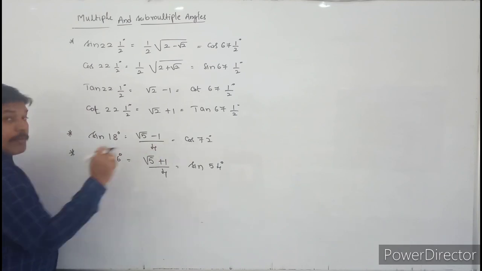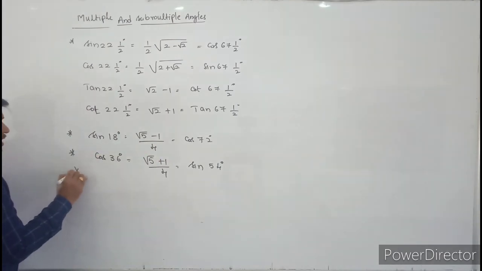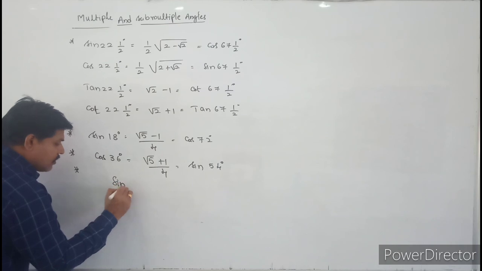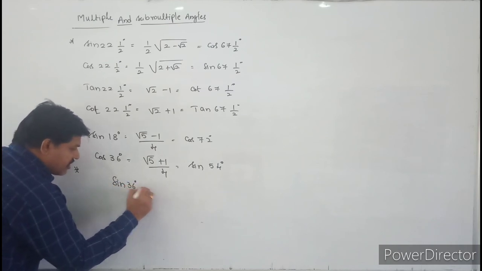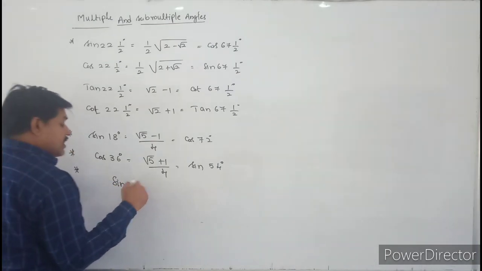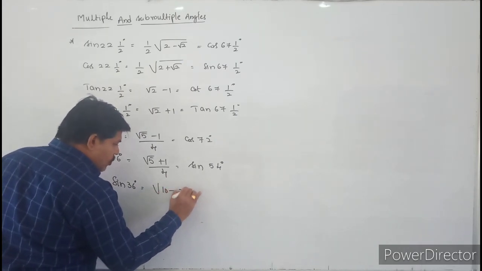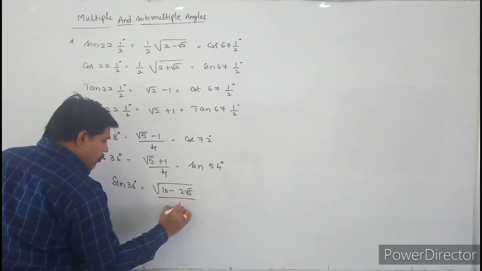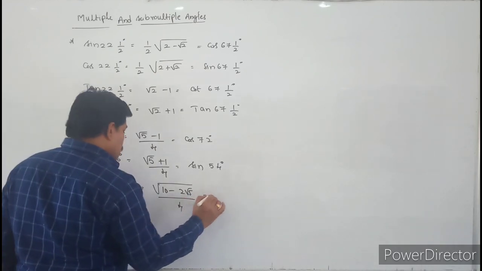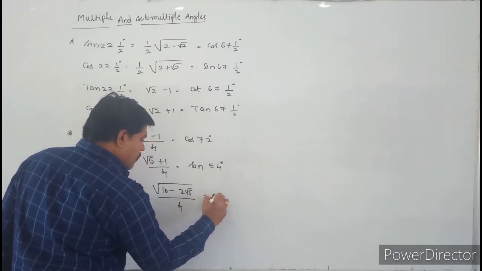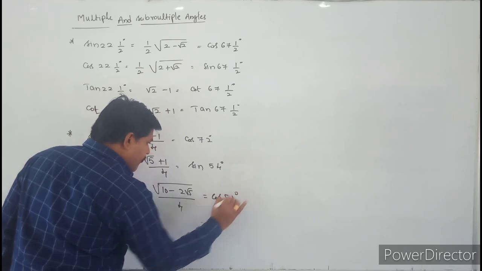Cos 36 is root 5 plus 1 by 4. And also see here, sine 36 degrees is equal to square root of 10 minus 2 root 5 by 4. And also this can be written as cos 54 degrees.